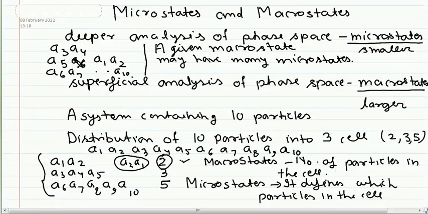That defines one particular macrostate, 2 particles in a cell. But this particular macrostate has A1, A2 as one microstate, then A3, A4 as a different microstate. In the same manner we can have many microstates, A3, A4 or A5, A6. There may be many combinations. Therefore a given macrostate may have many microstates. So this you can note down.